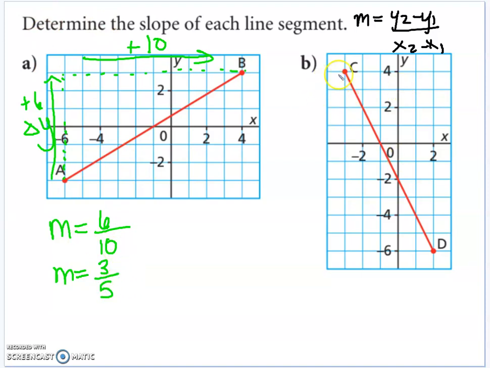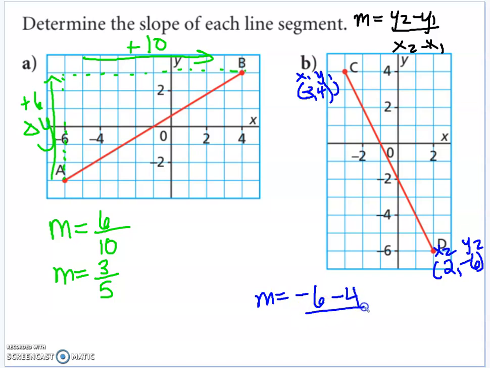In this one, let's use the different strategy. So I'm going to start by writing out these 2 points. So this is the point -3, 4, and this is the point 2, -6. So if I wanted to fill in this formula, maybe we'll say this is x1, y1, and x2, y2. So we can do -6 minus 4 and 2 minus -3.